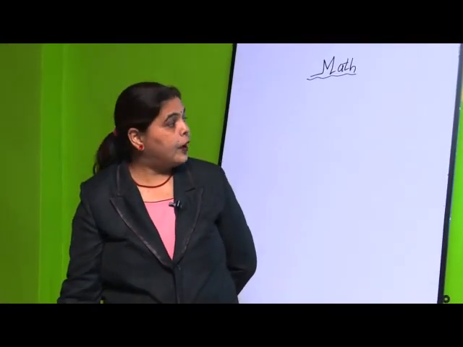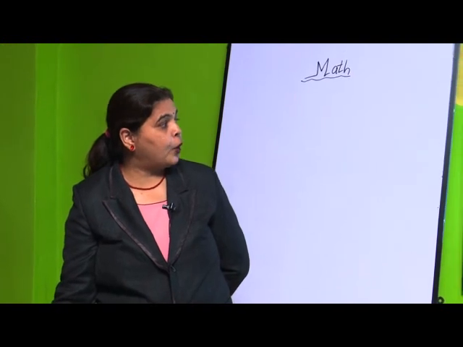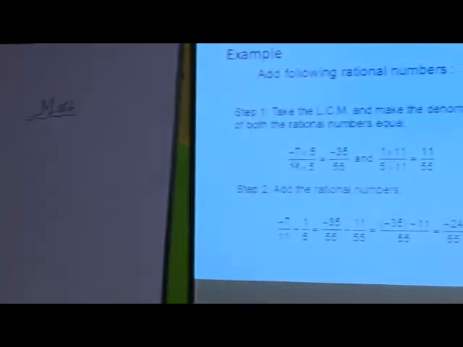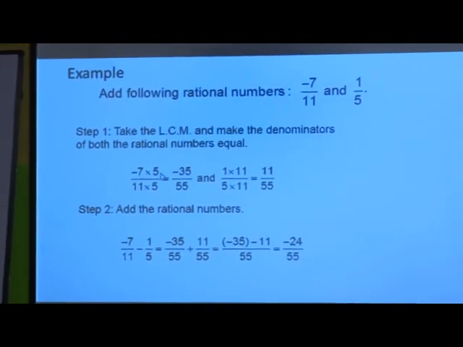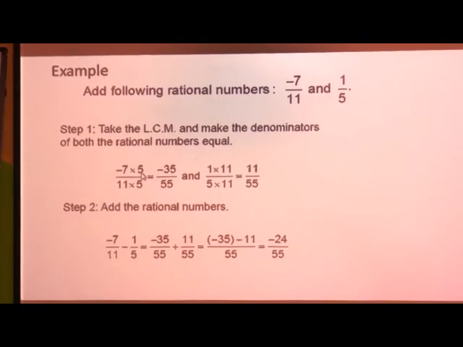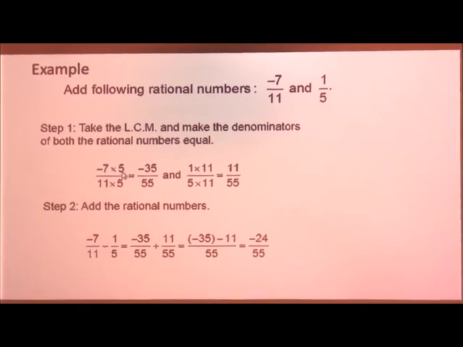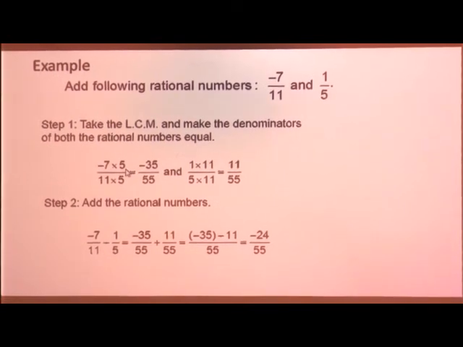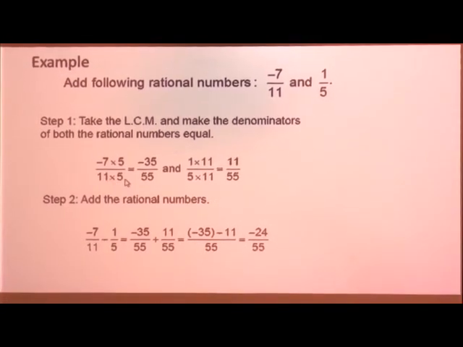So, how are we making both equal? Yes, by multiplying by 5 to get the denominator equal. So, we are multiplying minus 7 by 5 and 11 by 5.